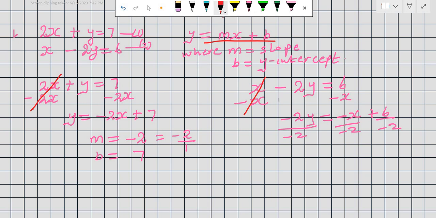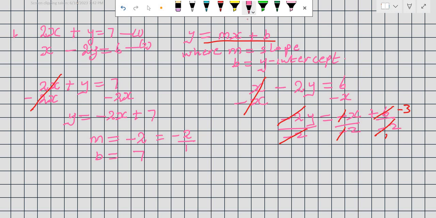So now, negative 2 is going to cancel out negative 2 from here. And negative will cancel out negative from here. And negative 2 divided by negative 2 is 1. And 6 divided by negative 2 will give us negative 3.